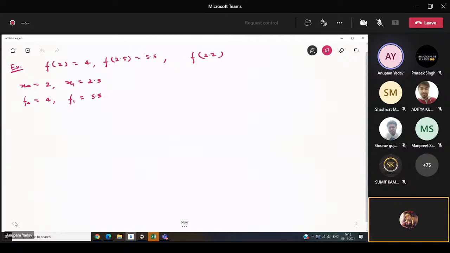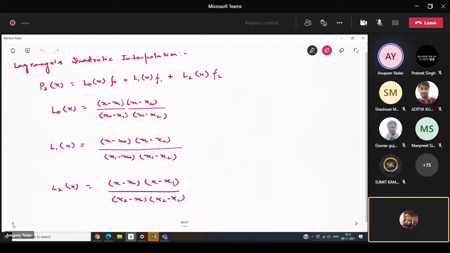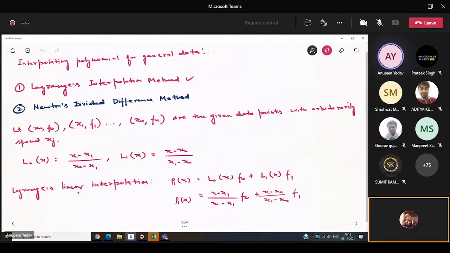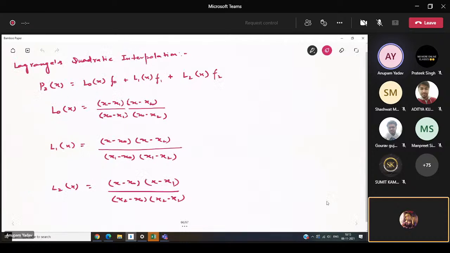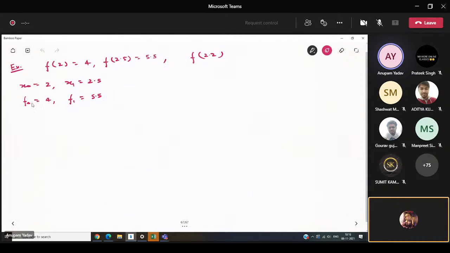See what formula we have written for the linear interpolation: P1 equals L naught x into f naught plus L1 x into f1.